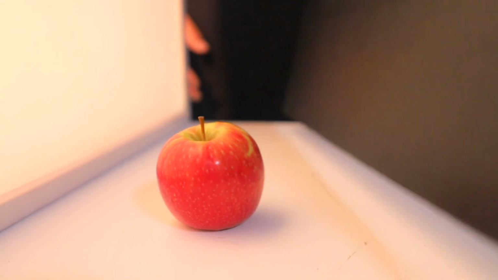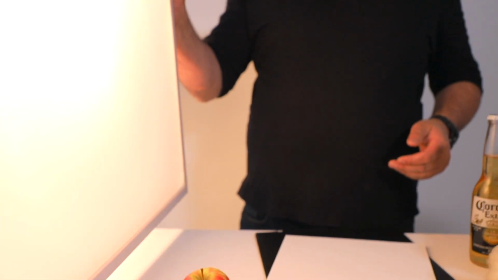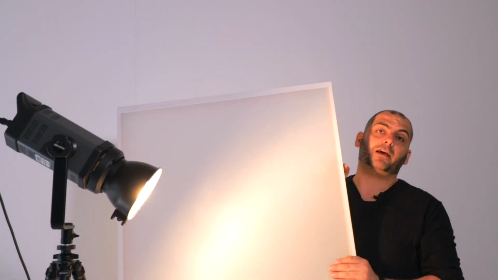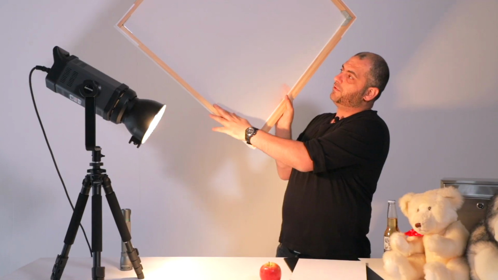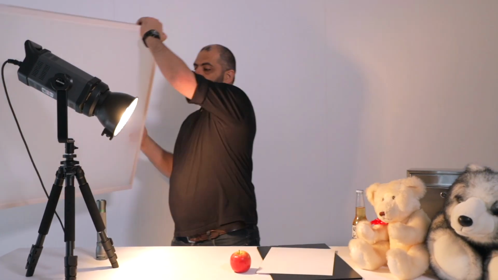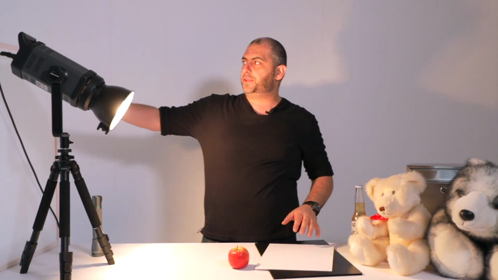So these are some of the basic ways that we use things like this to manipulate light. So this is our diffusion material. This is just stretched out over a piece of timber, a timber frame that we put together. And it allows us to be able to diffuse the light. Now this is fantastic when you're photographing skin and people.